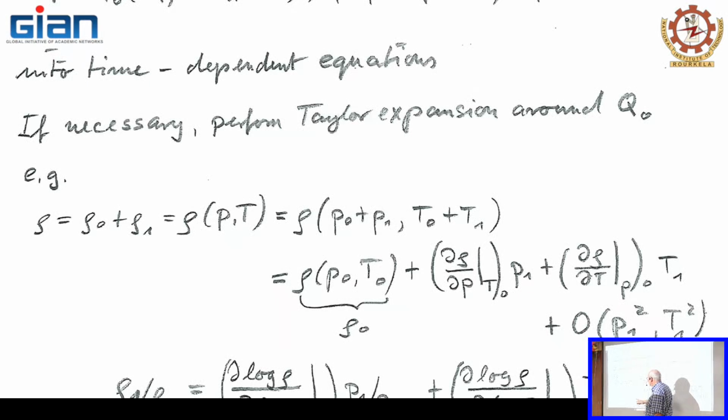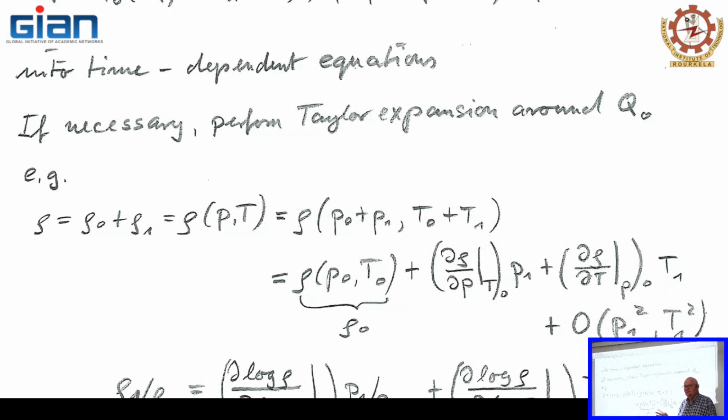So we write the density in terms of rho naught plus rho 1, split it into the hydrostatic and the perturbation type. This is in general a function of pressure and temperature. So this is a function of P0 plus P1, T0 plus T1.